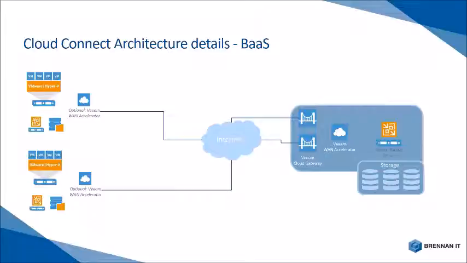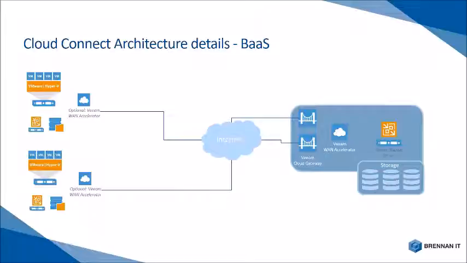Also on this diagram, you will find the WAN acceleration, which is optional on the customer side, or your side. The WAN acceleration provides you with deduplication and compression before sending data to Brennan IT, to optimize the link between you and the Brennan IT data center. One of the very interesting things about the design that we provided and Brennan IT uses today is that all the communication between your side and the Brennan IT data center is encrypted using SSL.